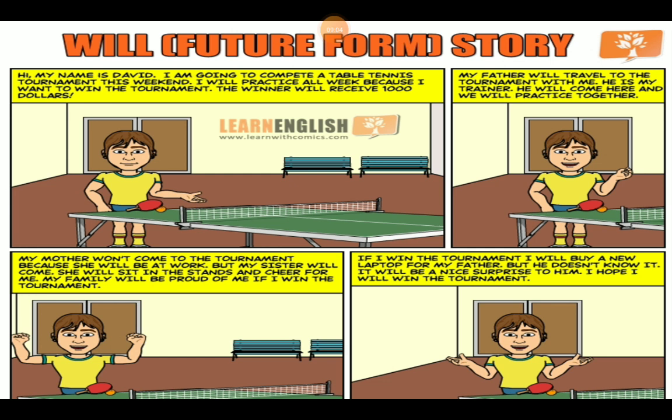So here also we have used will practice. It is in future tense. The winner will receive $1,000. So winner will receive, it is in future tense. And then next, my father will travel to the tournament with me. He is my trainer. He will come here and we will practice together.